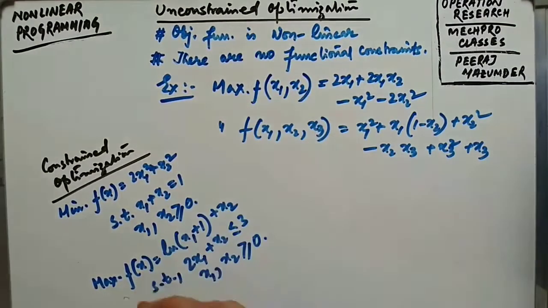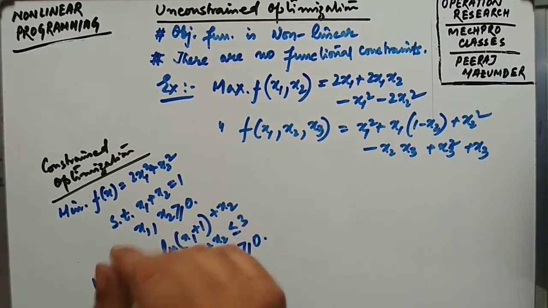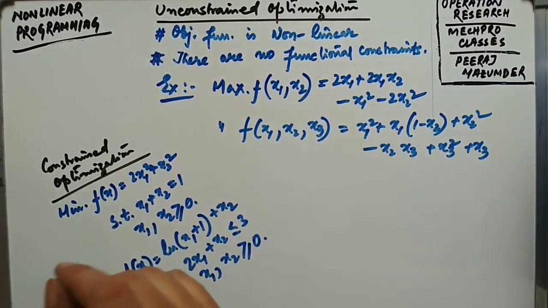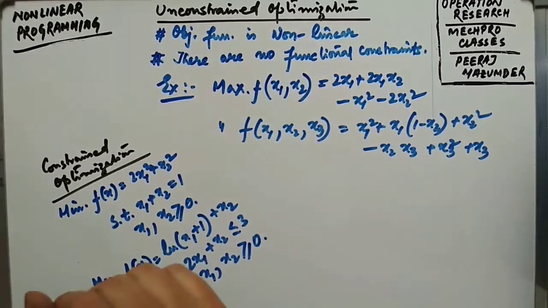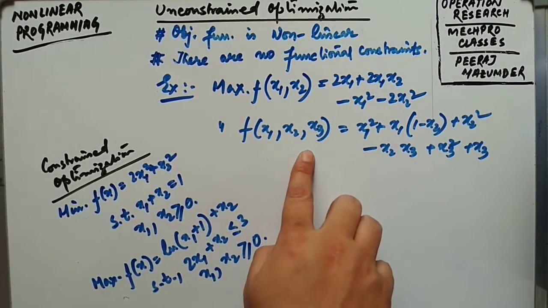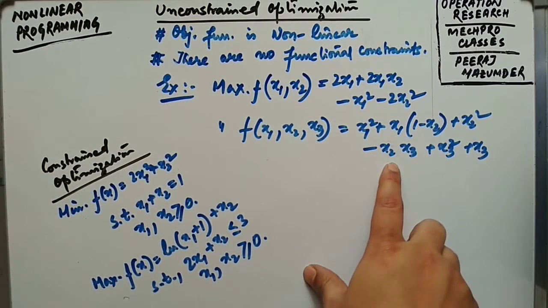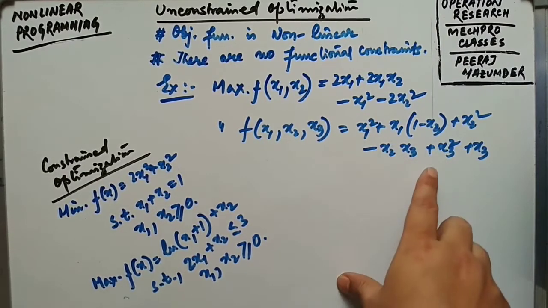We will cover constrained optimization in our coming video sessions, along with the direct search method and grid search method. There are different methods for solving unconstrained optimization. You can also look at this one, which has three decision variables x1, x2 and x3, and is also an unconstrained nonlinear objective function.